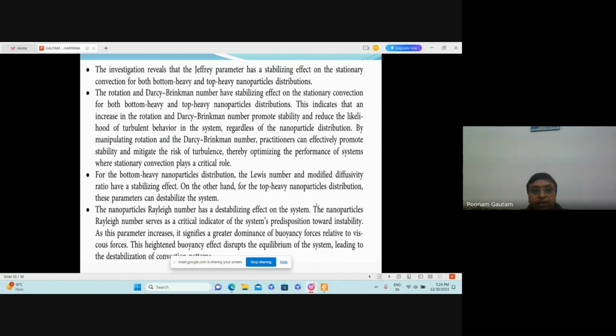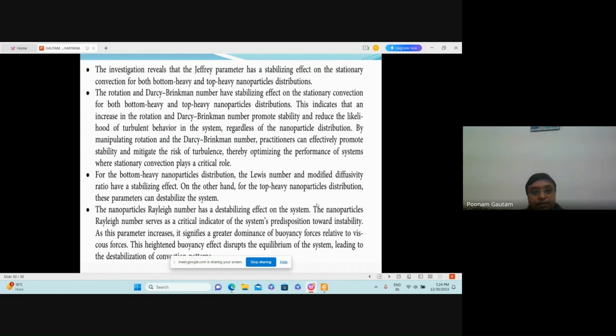For the bottom heavy nanoparticle distribution, the Lewis number and the modified diffusivity ratio have a stabilizing effect. On the other hand, for the top heavy nanoparticles distribution, these parameters can destabilize the system. The nanoparticles Rayleigh number has a destabilizing effect on the system.